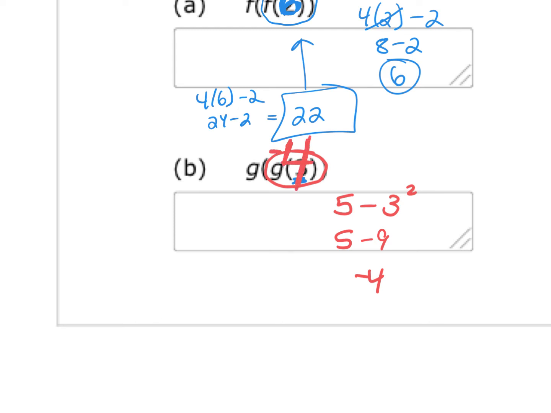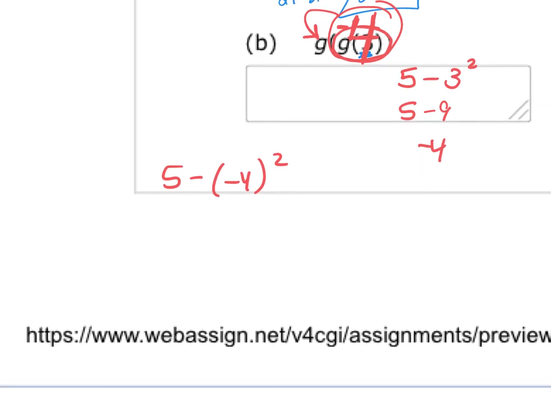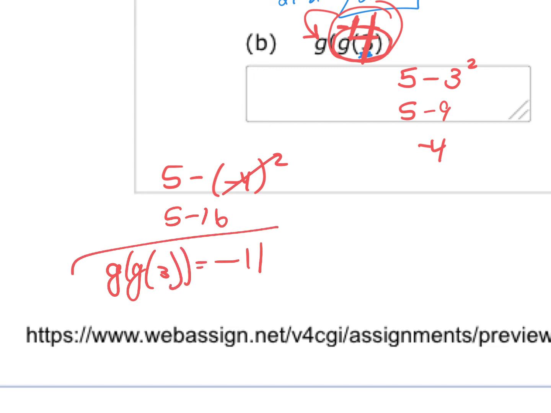Now I take that negative 4 and plug it into what? The g function again. So I have 5 minus negative 4 squared. What is negative 4 squared? 16. So 5 minus 16 gives me negative 11. So g of 3 equals negative 11.